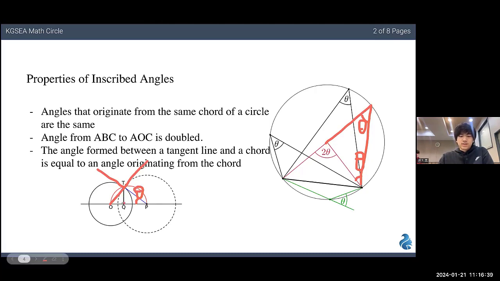Then because TQ is a perpendicular foot, OTQ is also theta.